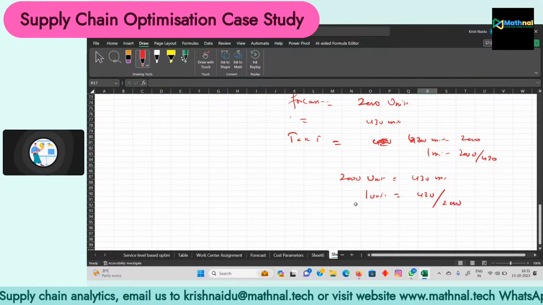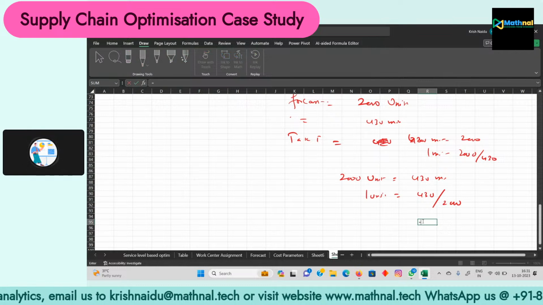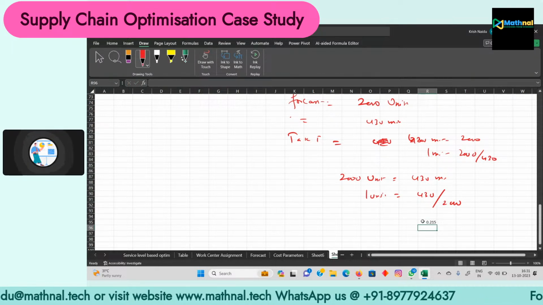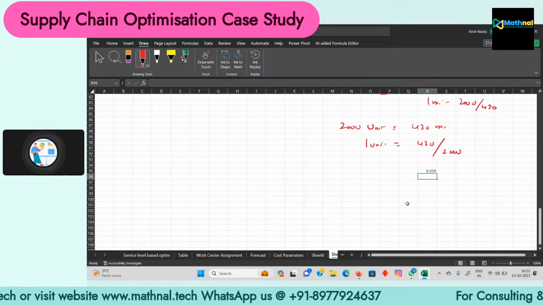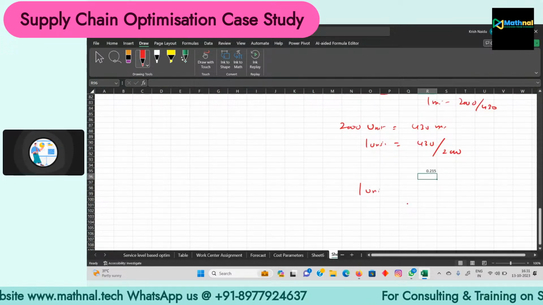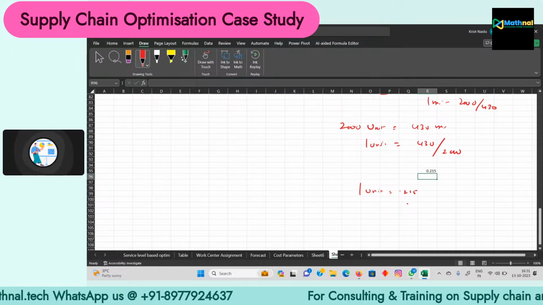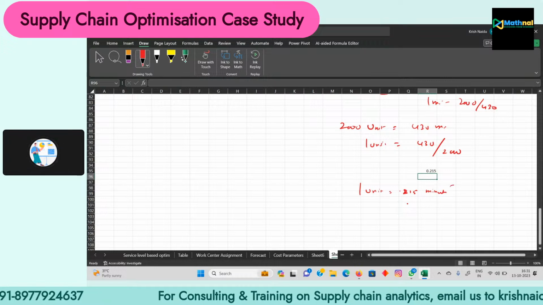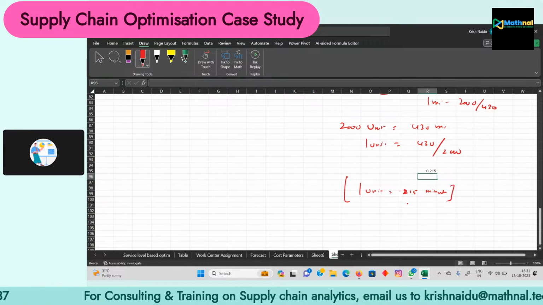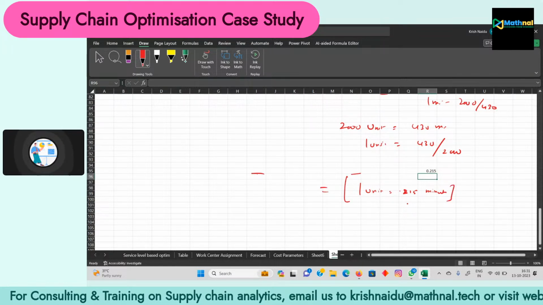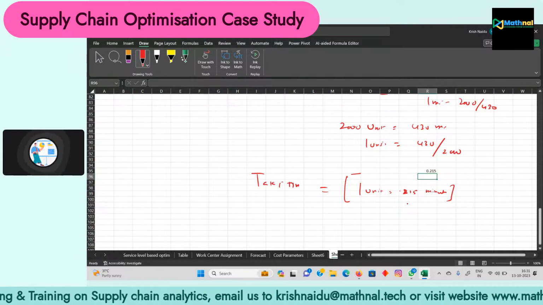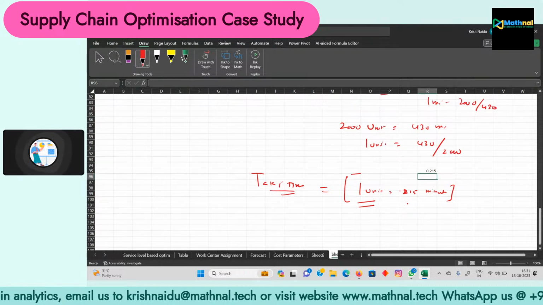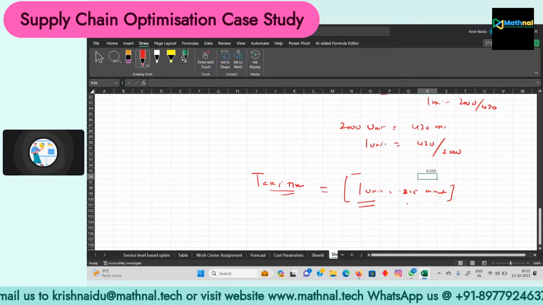So one unit has to take 0.215 minutes. This also we can say is our takt time: how much time a unit should take as per the customer demand fulfillment.